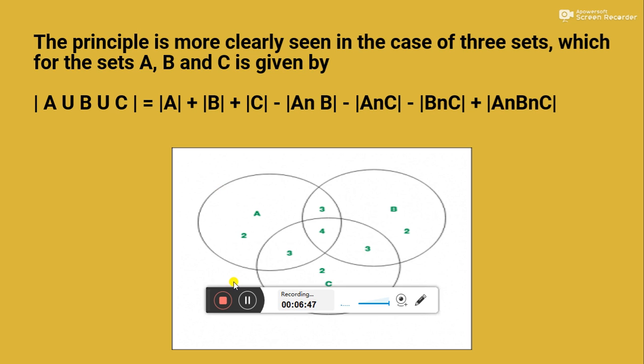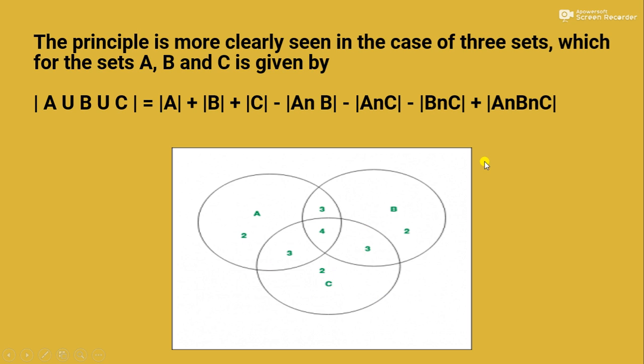So this is the Venn diagram that is used to represent the three sets A, B and C. Set A contains 2, 3, 4 and 3 also. Then set B contains 2, 3, 4 and 3, and set C contains 2, 3 and 4.